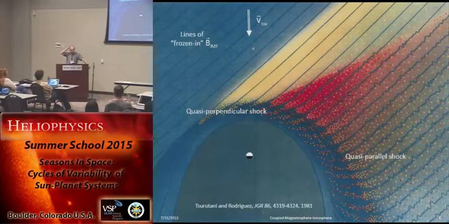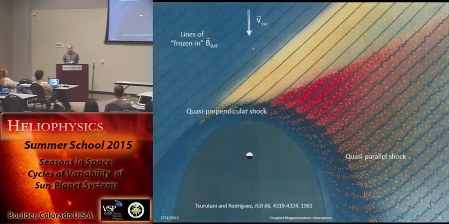So we have, for the magnetic field configuration that you see here, pointing from upper right in this figure to lower left, those lines of frozen-in magnetic field in the interplanetary medium. Near the nose of the interaction with the magnetosphere, the shock wave is said to be quasi-perpendicular, which is to say that the magnetic field is more or less normal, or close to normal, to the shock normal, the direction of flow.